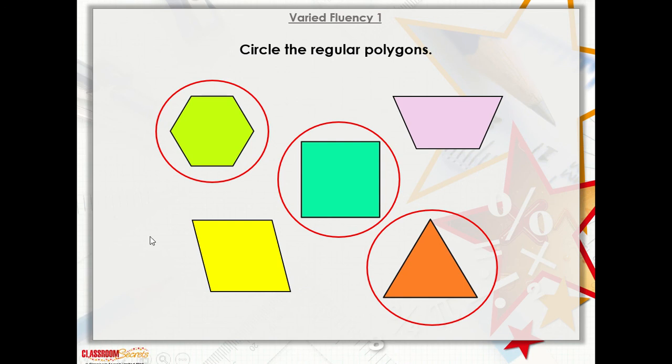So if we have a look at this shape again, we can see that this angle here is different to this angle here. You might have thought that these sides are fairly close in size, and that might have tricked you into thinking it was regular. But this angle is different to this angle, so it's not regular. So do be careful with that one.